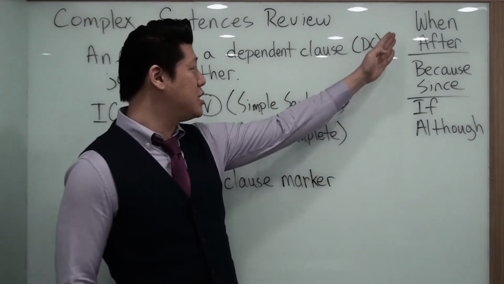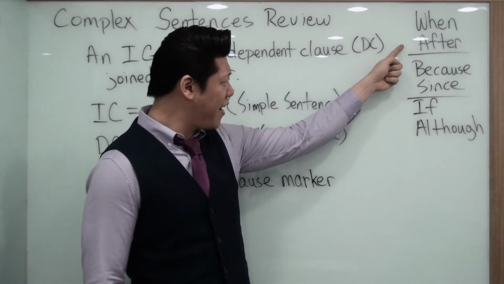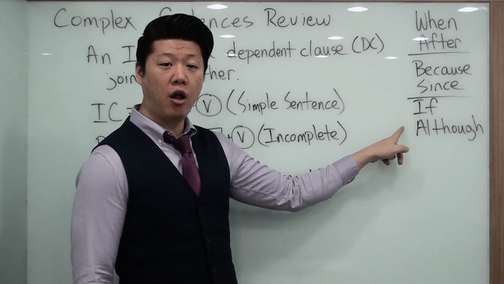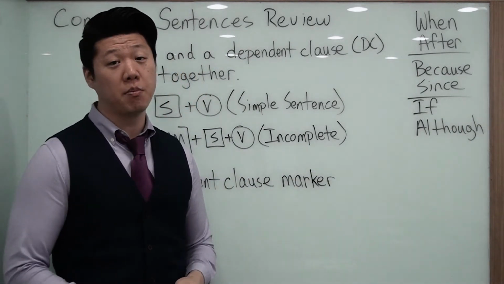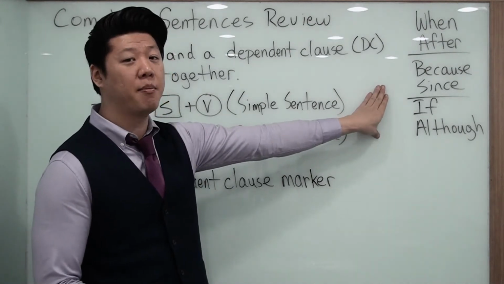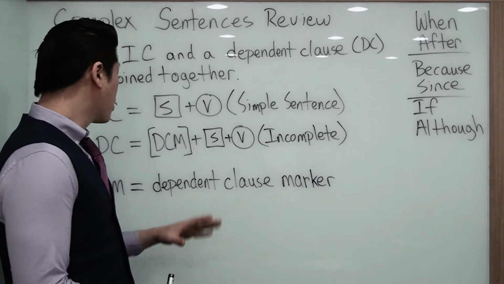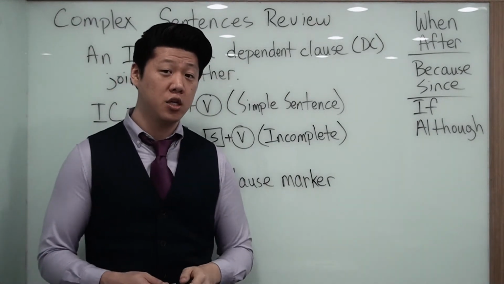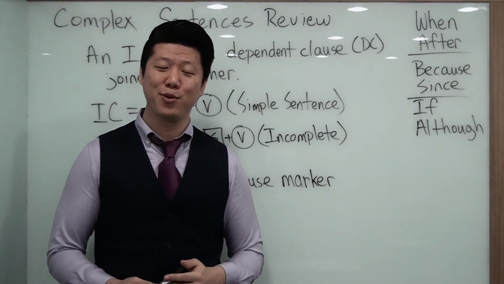Some common DCMs, dependent clause markers, we have when, after, because, since, if, although. Now there are many more dependent clause markers, but these are some of the common ones that you will see and use quite often. So when we put these together, there's a couple different patterns that we can use. So let's look at those patterns as well as a couple example sentences.